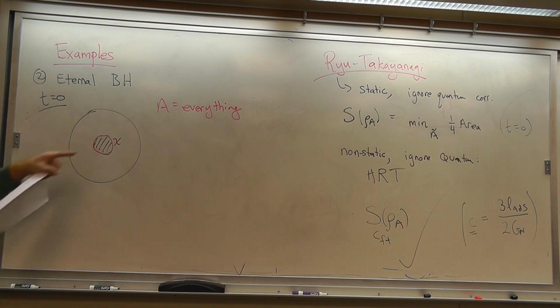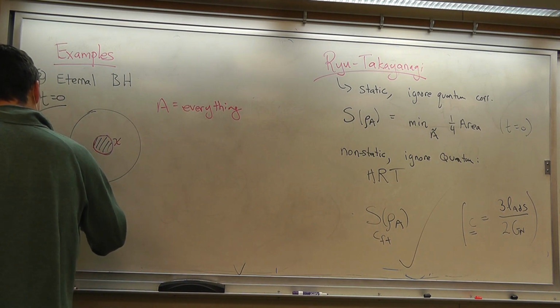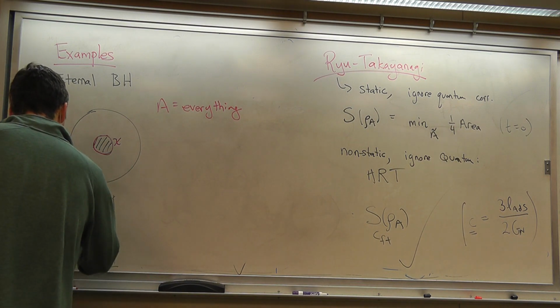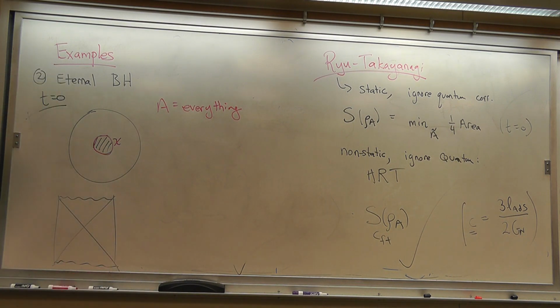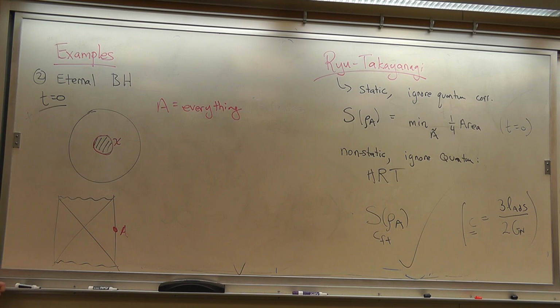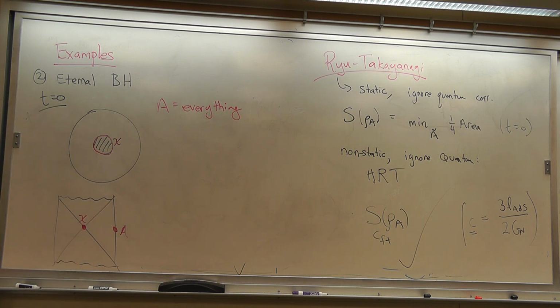Now, it's not totally obvious from looking at this picture that chi is a minimal area extremal surface. For that, we should probably go back to the Penrose diagram. In the Penrose diagram, region A is just everything on one side of the black hole. It's everything on the right. And chi is the horizon, which is the point in the middle of the Penrose diagram.